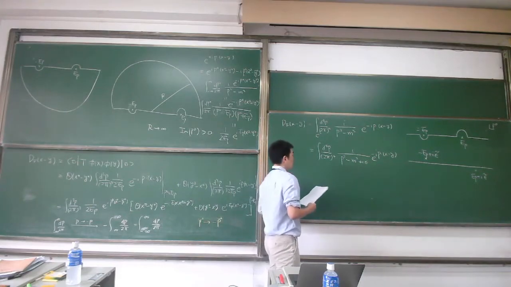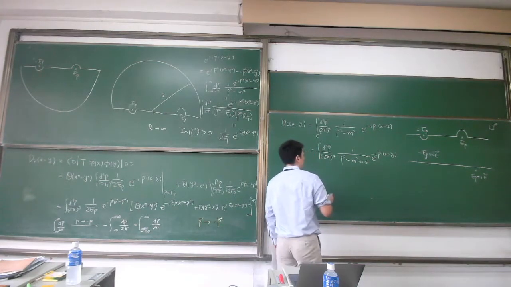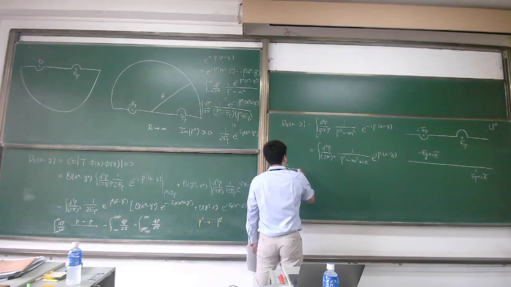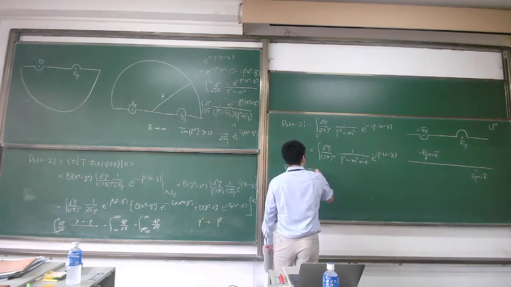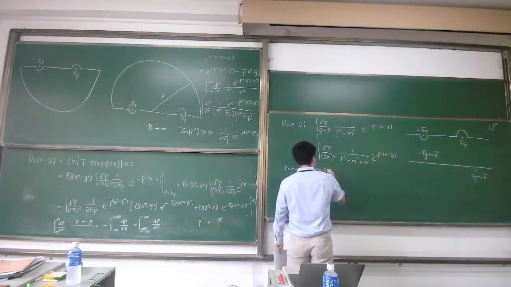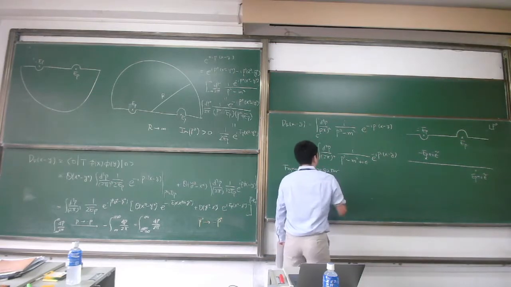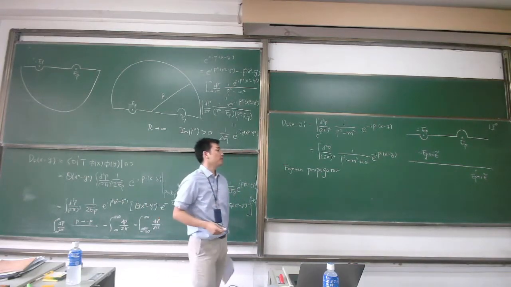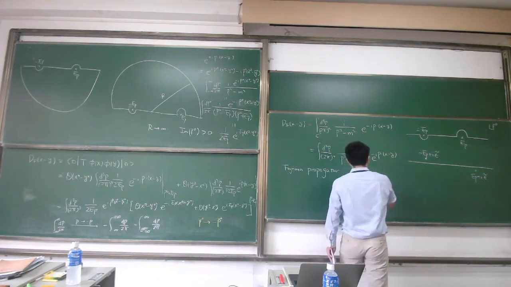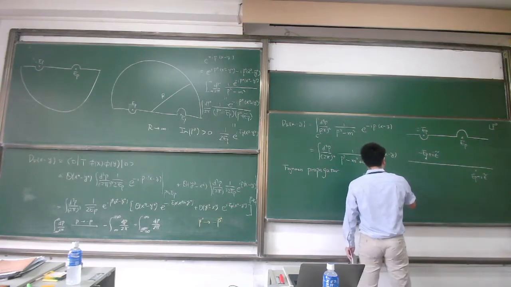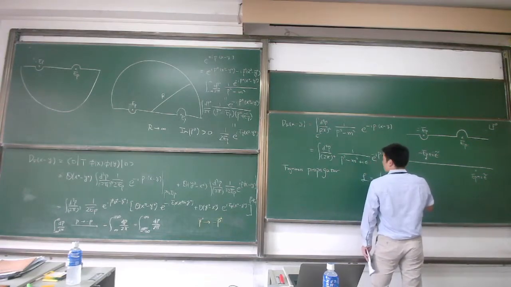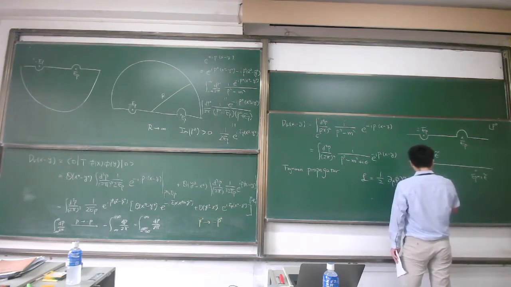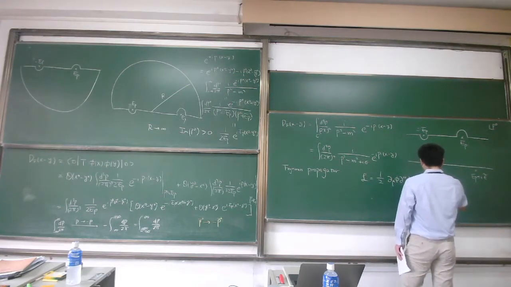Okay, so this is called the Feynman propagator for scalar theory. This is a free theory. A free theory means that the Lagrangian is something like, so we start with the Lagrangian.